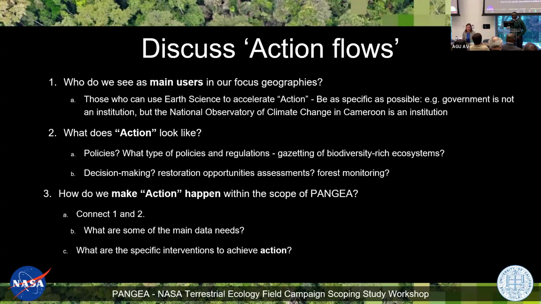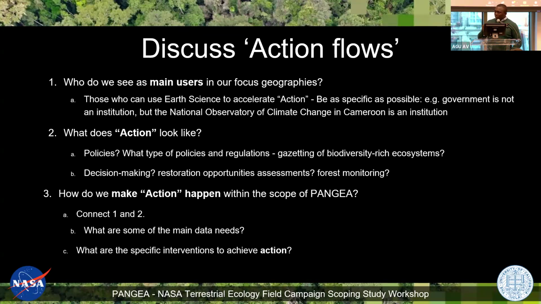Fabulous. So right now we've been thinking about something. It's called here action flows, but the actual name we came up with was information flows to action. And the idea is that all of us here are somehow involved in getting the information to the users, in having that conversation with the users on the information.